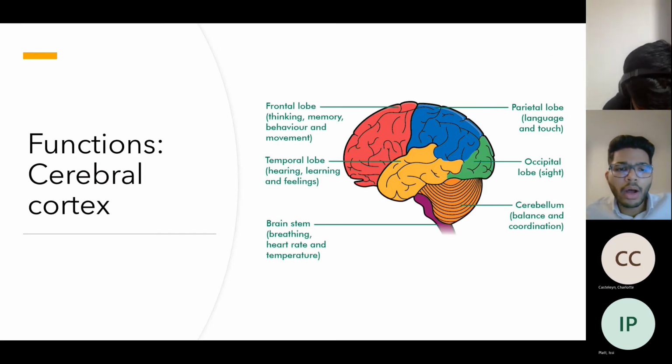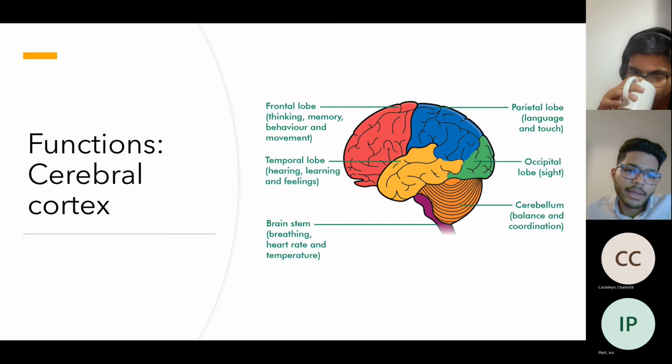Now, I'm not going to go through this in great detail, but just a bit of a throwback to second year and a bit of this year's neuro in terms of what the functions of the brain are. This is useful to think of when you're looking at strokes and what parts of the brain are affected. So these are all of the lobes and their functions.